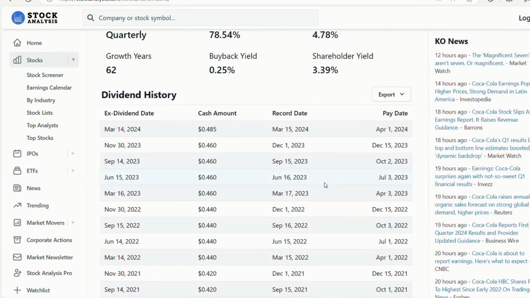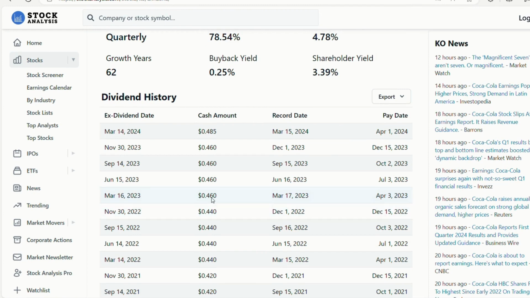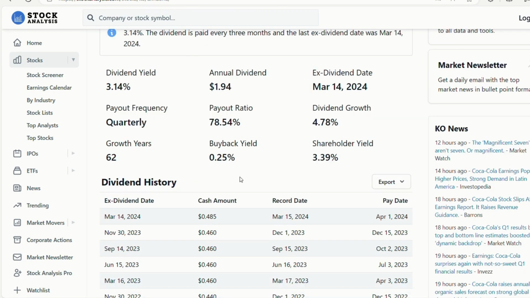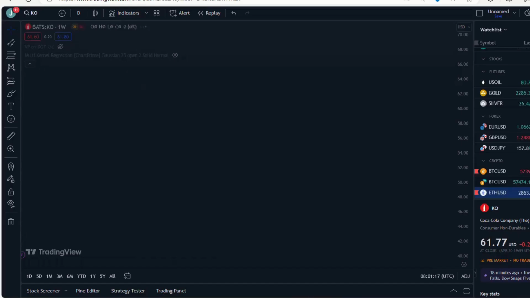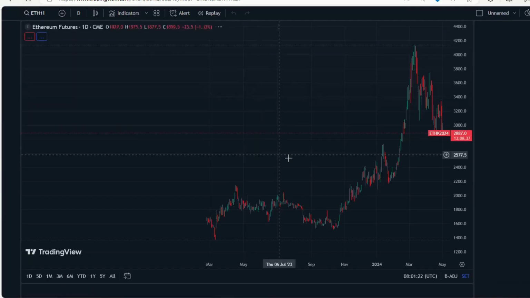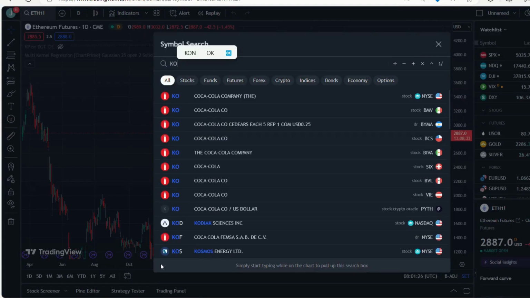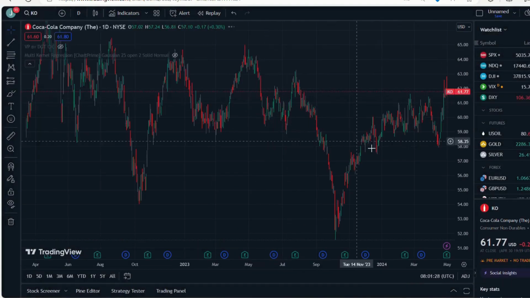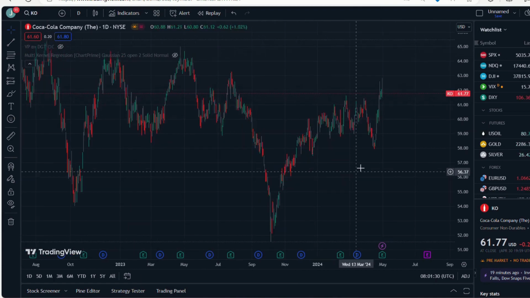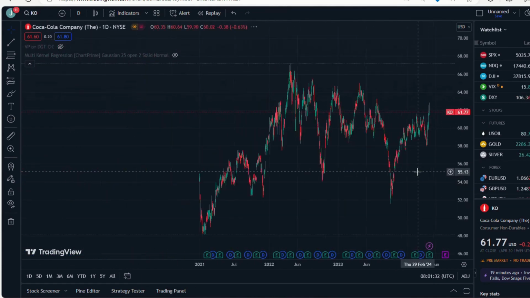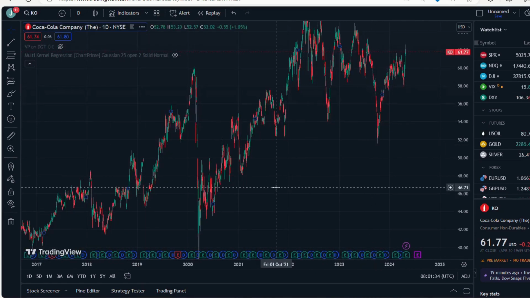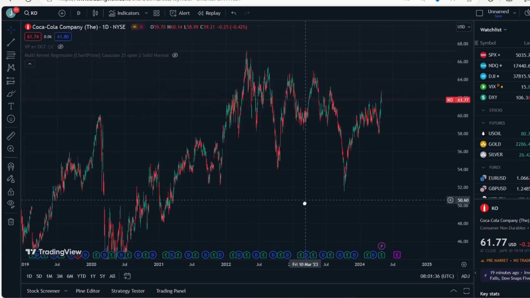There are some not so good scenarios from dividend growth, the annual dividend, dividend yield, and all of this. So I believe it's not a good investment right now in Coca Cola's company, because it's much higher than the price that was 1 year or 2 years ago.